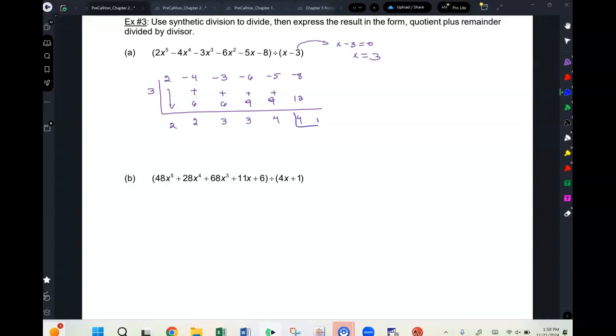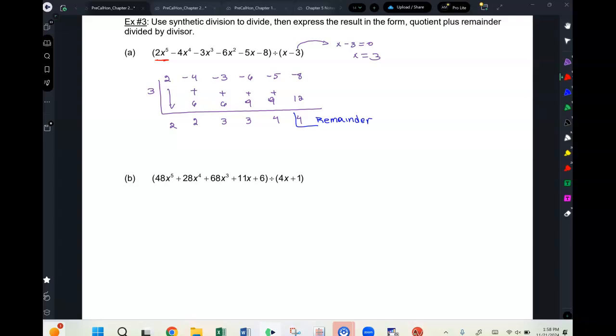This last number is the remainder. So if x minus 3 was a factor, I would have gotten a 0, but it's not, so I didn't. That's it. Now, these numbers at the bottom give me the coefficients of the quotient. So we had x to the 5th.